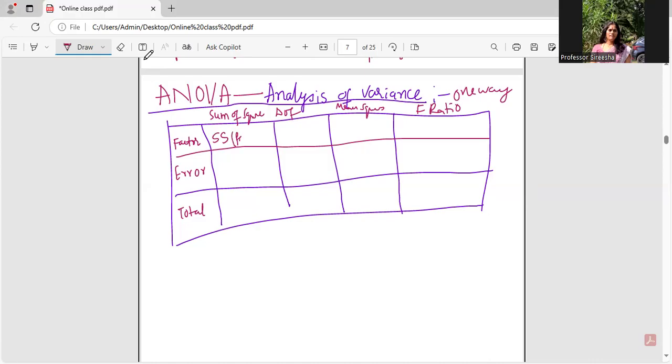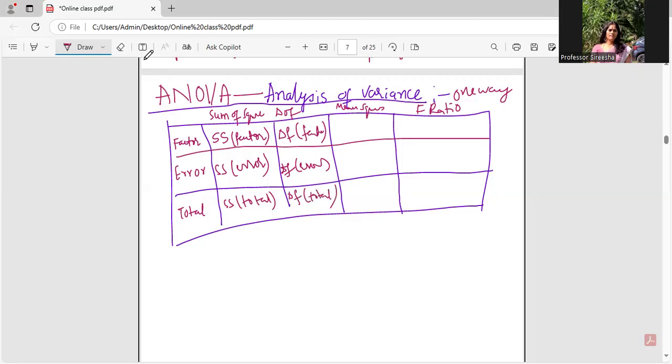That is SS factor, SS error. Similarly, DF or DOF, whatever, DF factor, DF error. Of course, total also, SS total, DF total.